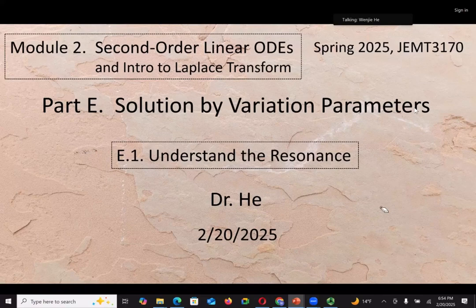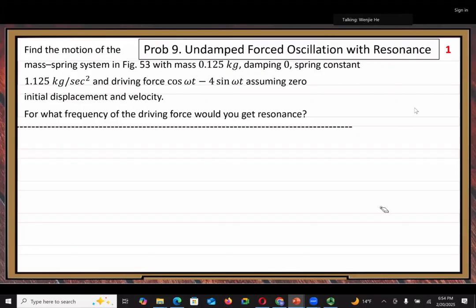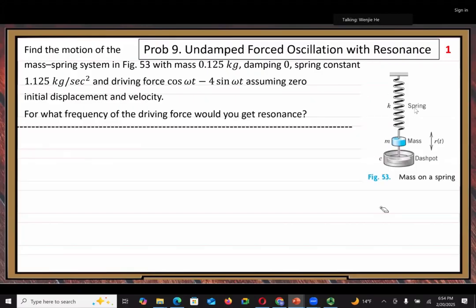All right. E.1, understand the resonance. We want to see where it occurs. Now I change the problem a little bit. This time the damping coefficient equals 0.